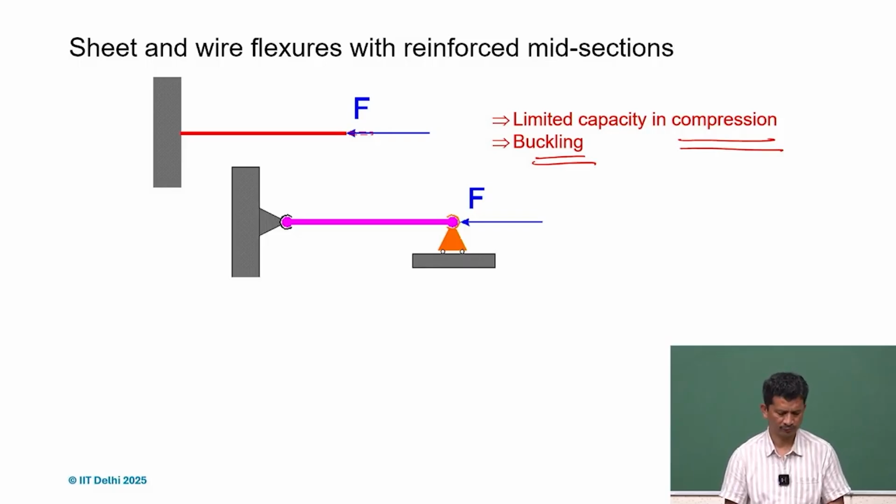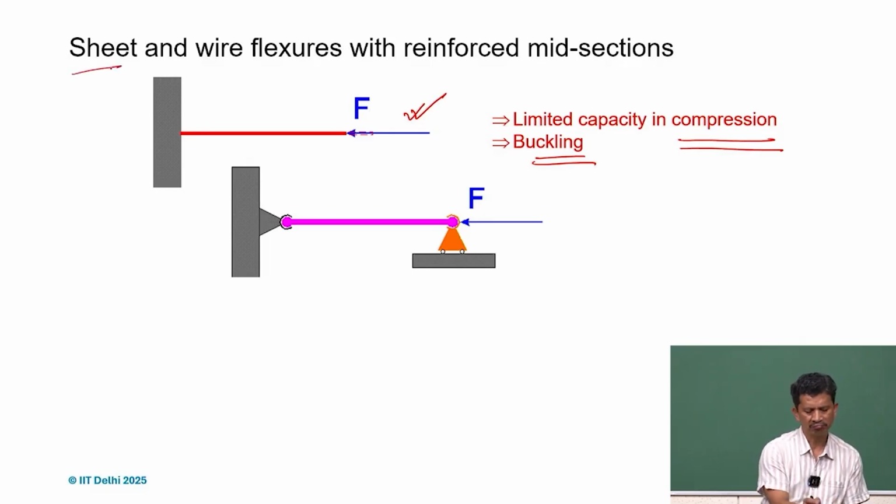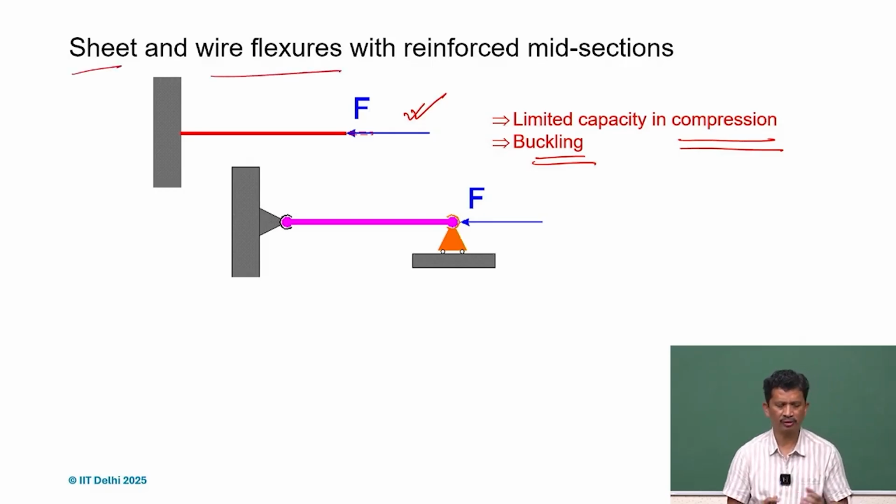So what to do? In tension most things are fine, but the moment there is a compressive load, we may have a problem and we have to ensure against it. Particularly with respect to the sheet flexures and wire flexures, we have to think about it.